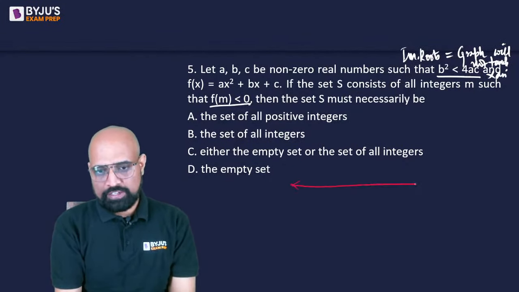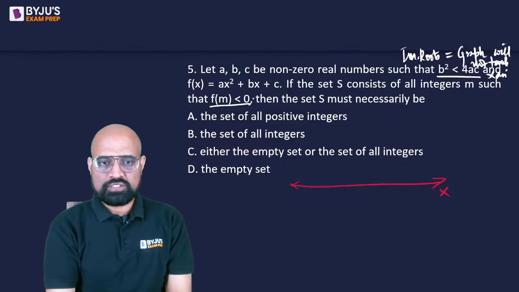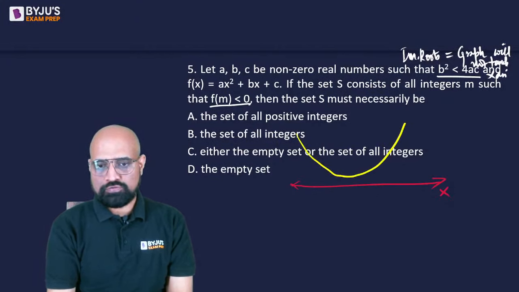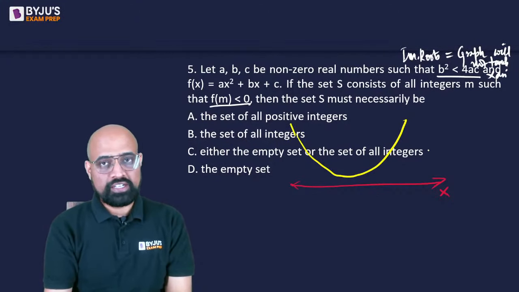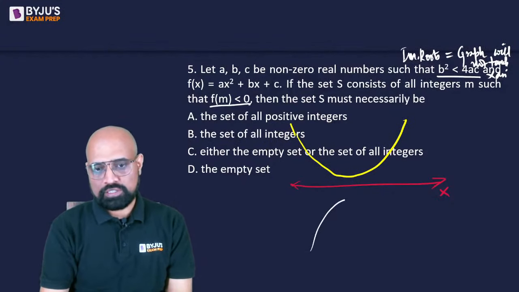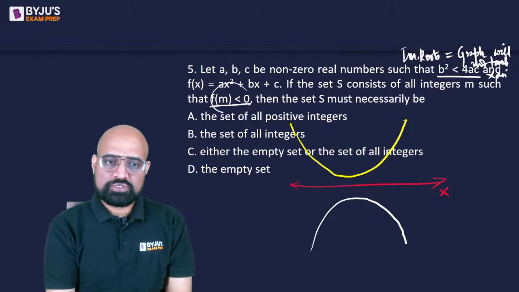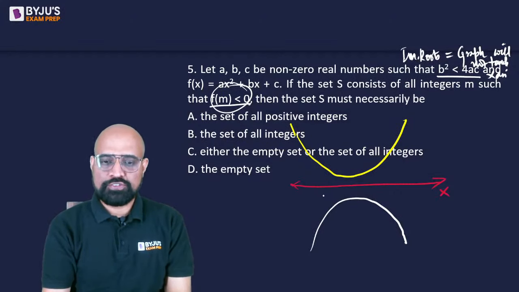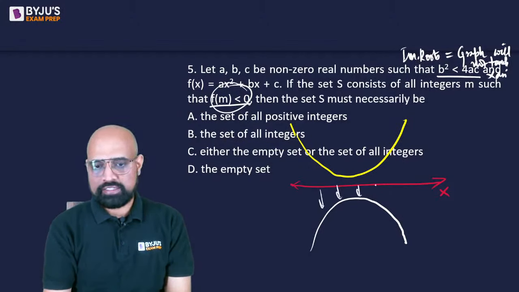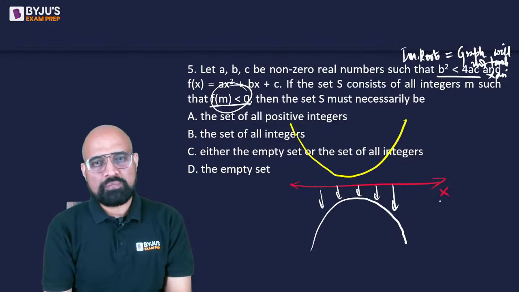So what does this mean? It means that if I have an x-axis and this is one possible graph, depending upon A, and the other possible graph is going to be this, right? If I want the graph to have negative heights, so it is true for all the values of m, as in for all integral values this is true.